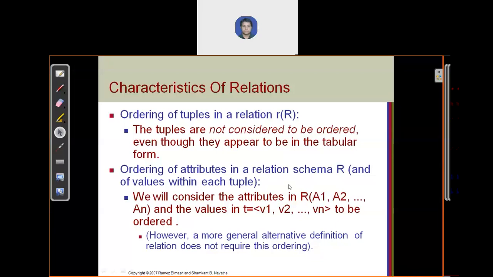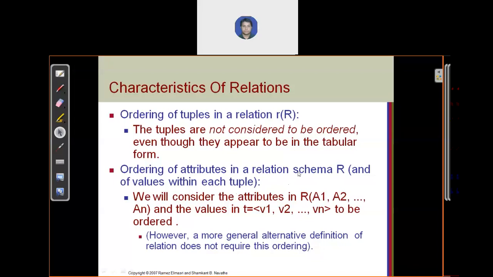The second is ordering of attributes in a relation. If you remember, the relational schema definition says: relation name followed by a list of attributes. I mentioned this in the last class.